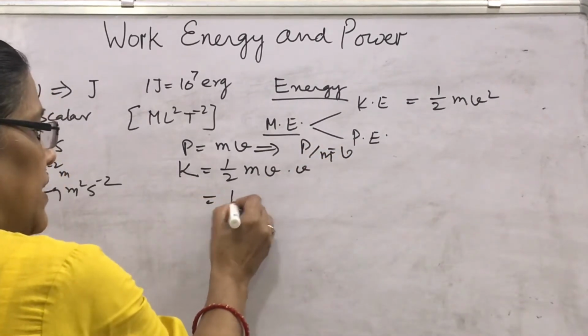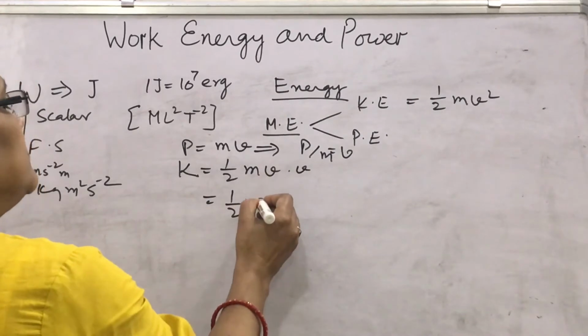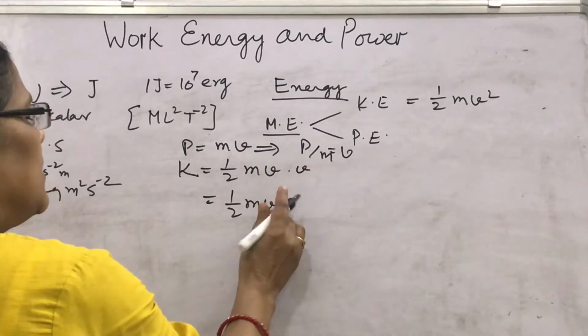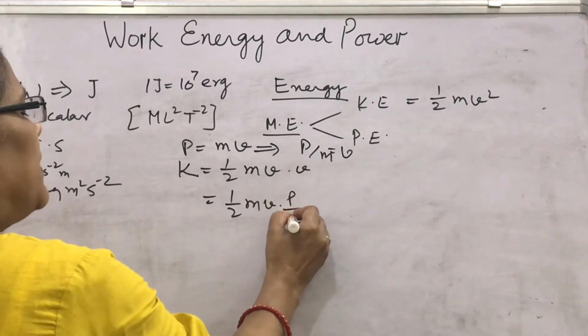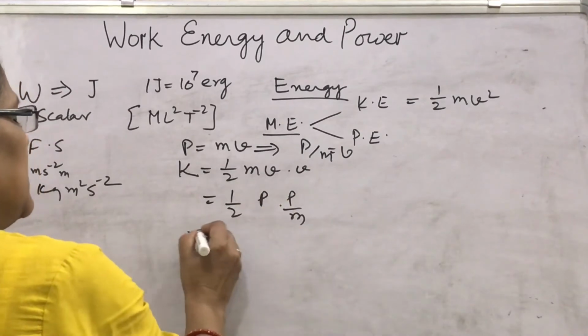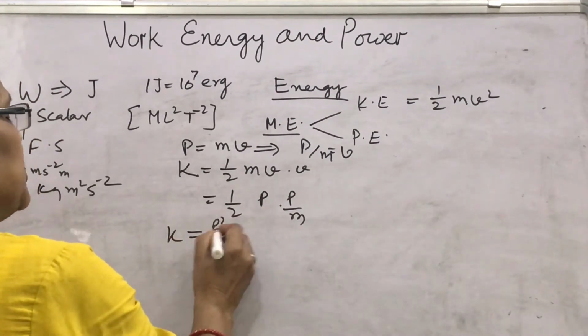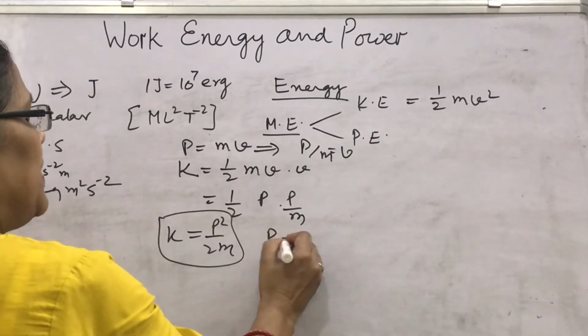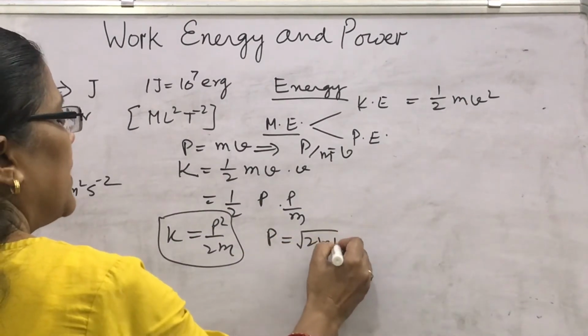So K equals half mv into p by m, and mv is also p. Then the relation is K = p² upon 2m, or you can write p = under root 2mK.